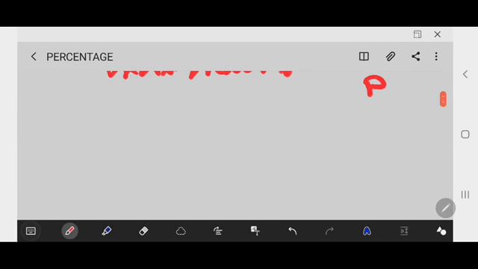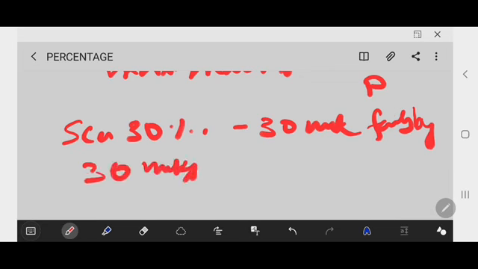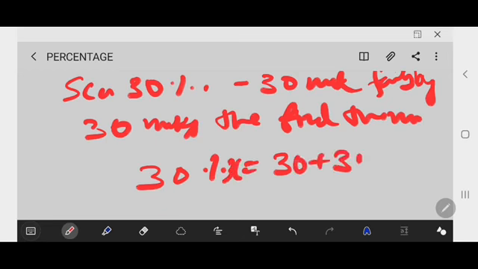So if a student needs 30% marks to get through, and he gets R marks and fails by 30 marks, then find the maximum marks set for the exam. Okay, so 30% of x is equal to 30 plus 30.